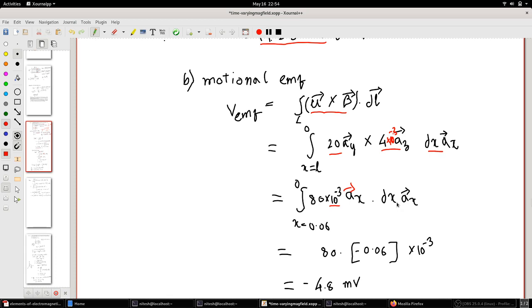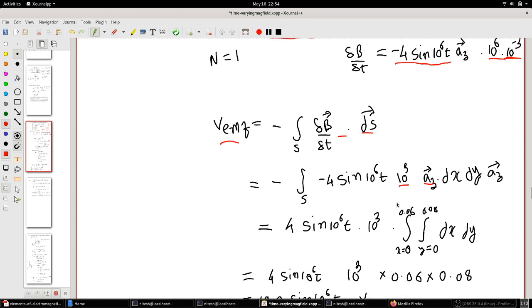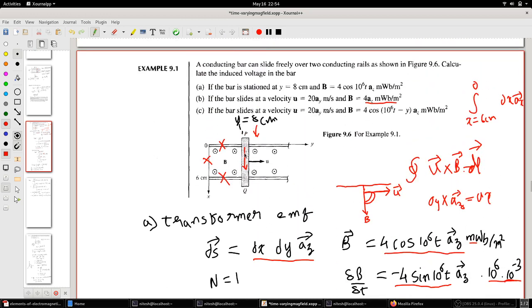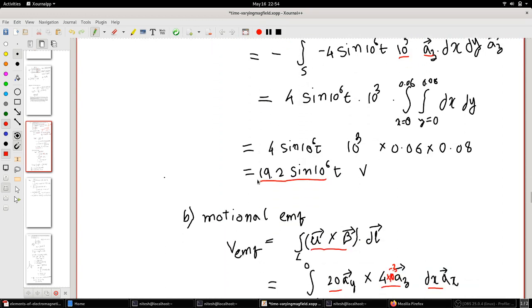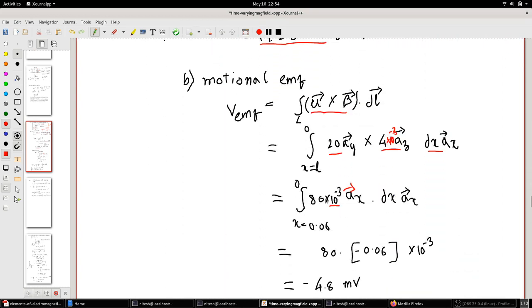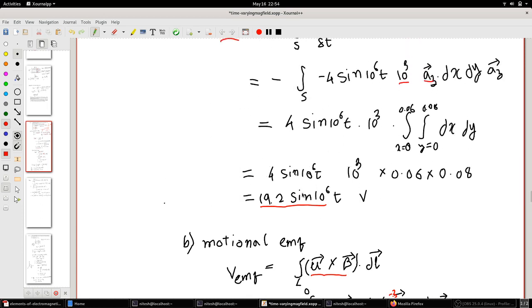Then that's your slider here, that's your conducting plates. The length here L is dx AX. Now if you see this, the limits of the integration is from x equal to 0.06 to 0. That's exactly as per the convention.